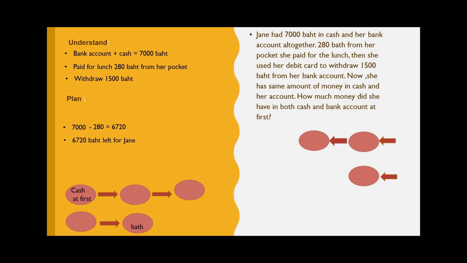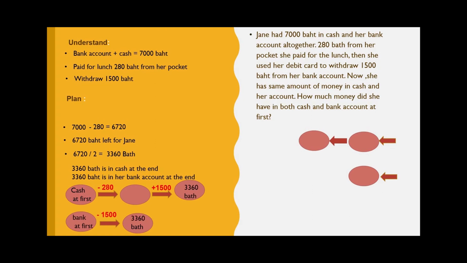So we know 6,720 baht left for Jane after she paid for her lunch. And we know now she has the same amount of money in cash and in her account. So if we divide 6,720 by 2, then we know how much money she has now in both her account and in cash. Because there is the same amount of money, we can find them by dividing the money she has left by 2.